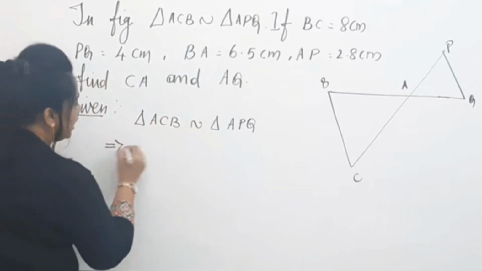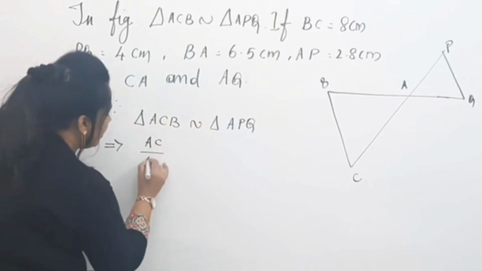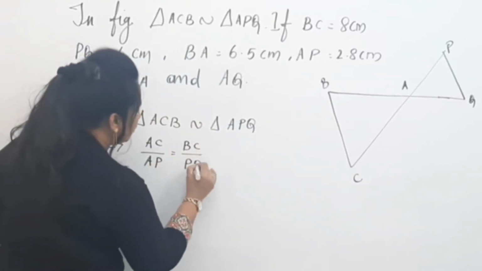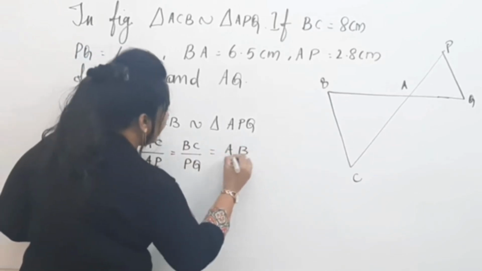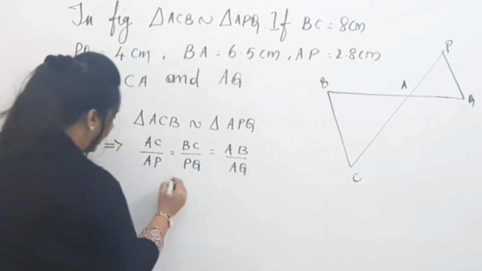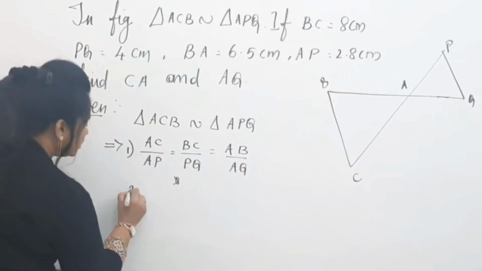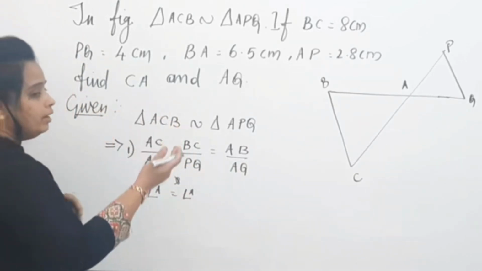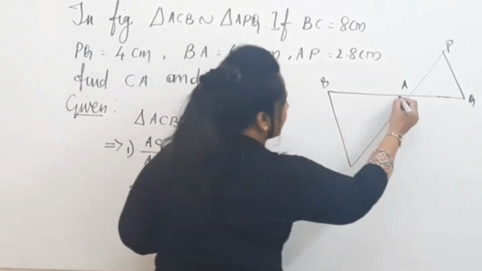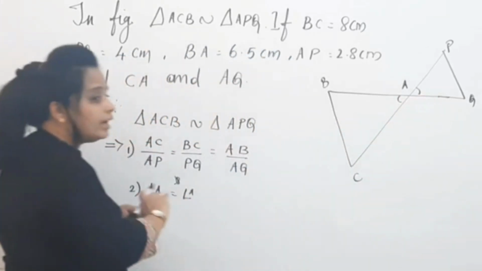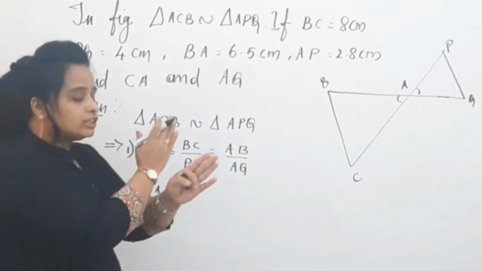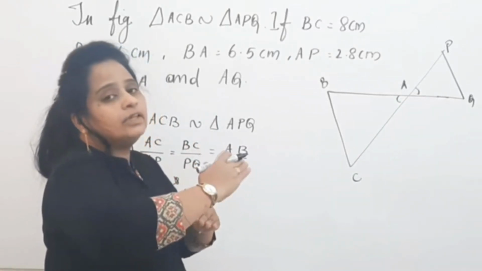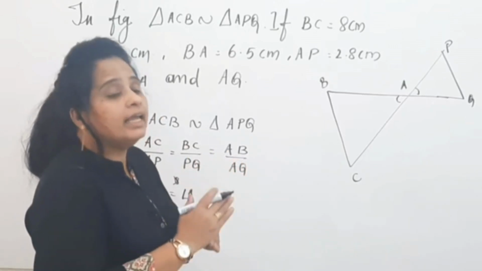That implies I can write AC by AP is equal to BC by PQ is equal to AB by AQ. And one more condition is angle A is equal to angle A, which is common. Common in the sense these two angles are equal. Why? Because they are vertically opposite angles. Two lines intersect, then the vertically opposite angles are equal.